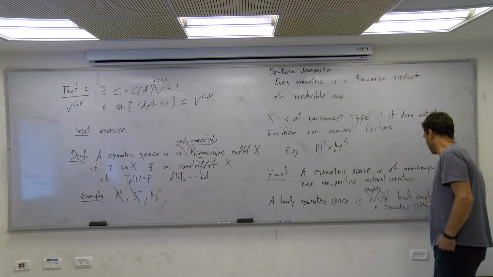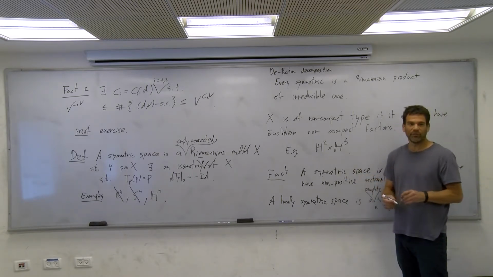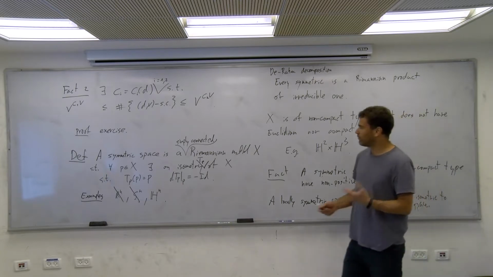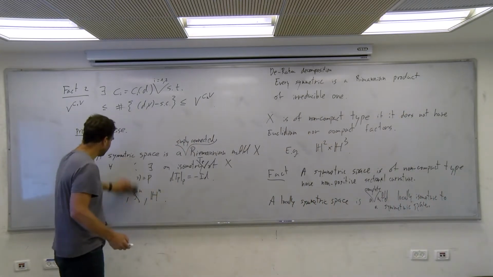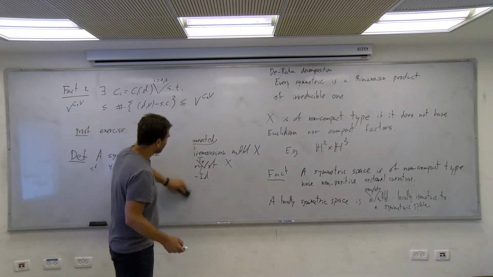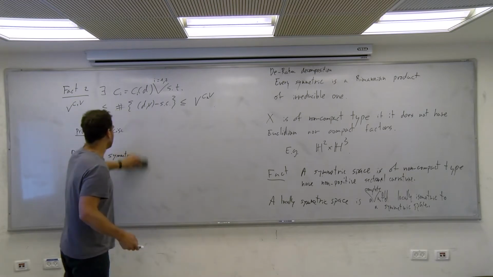It means that at any point you have a neighborhood which is isometric to a neighborhood in a symmetric space. And the universal cover of a locally symmetric space is a symmetric space, and the fundamental group acts on the symmetric space by isometries.